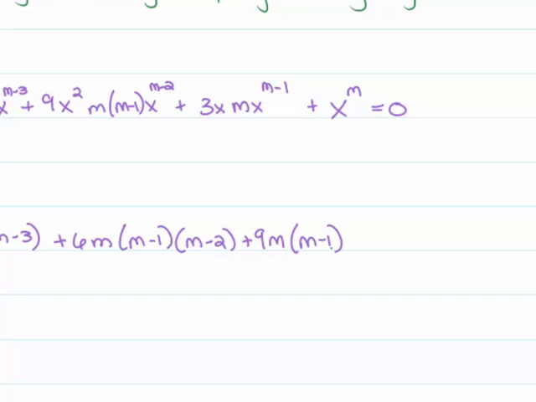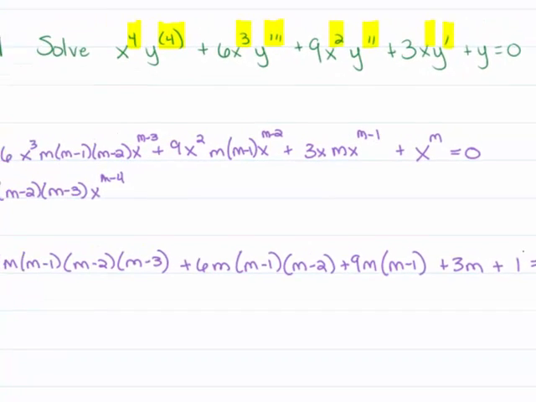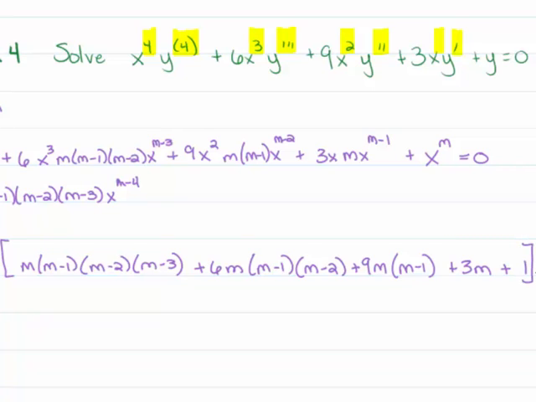And finally, the plus 3m, and the plus 1 is equal to 0. And by the way, that's all in brackets there. So you can see that this can be pretty large when you do these problems. We're going to distribute through and clean things up. So it takes a little bit of work at the end here.